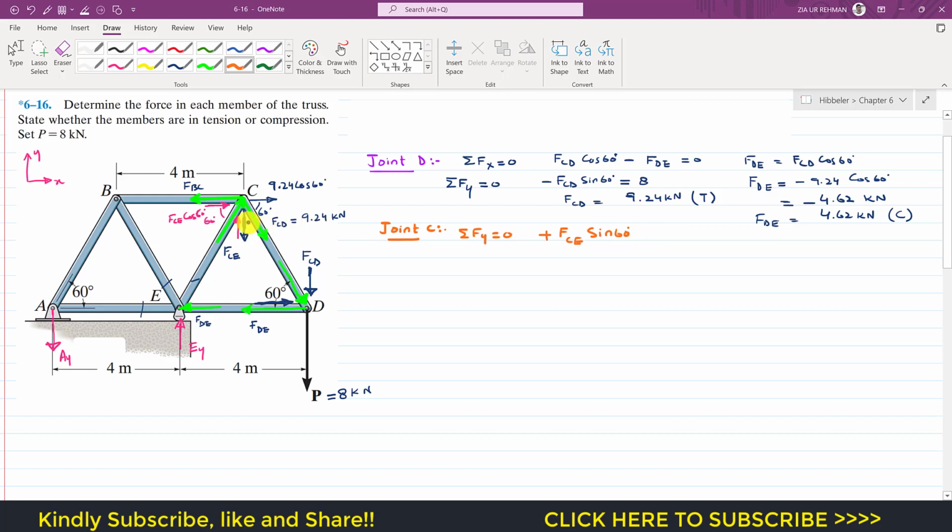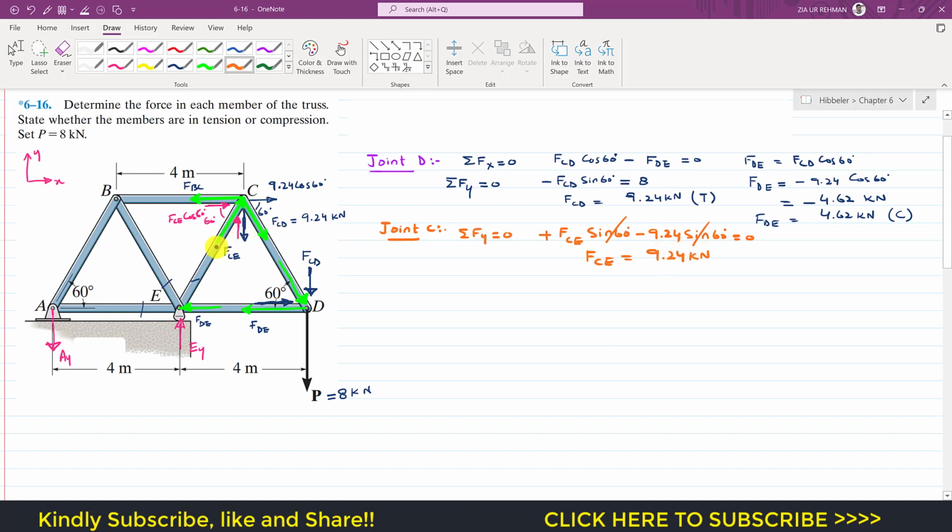And this component of FCD is acting vertically downward. So I can write minus 9.24, FCD is 9.24, so this is 9.24 sine of 60 degrees. So this will be equal to 0. And if we divide this whole equation by sine of 60, we will be left with FCE minus 9.24. So from this we can say that FCE equals 9.24 kilonewton.